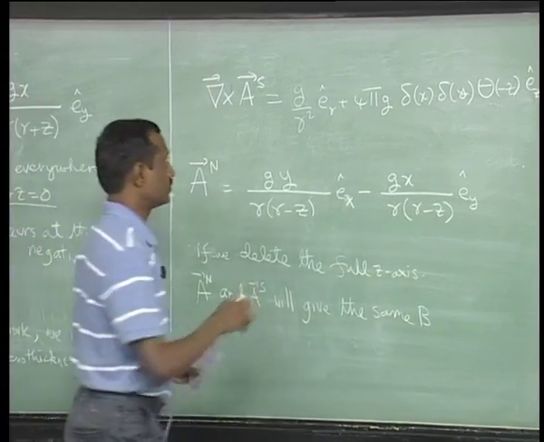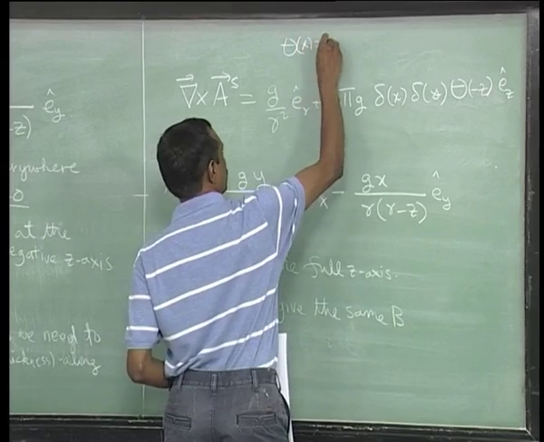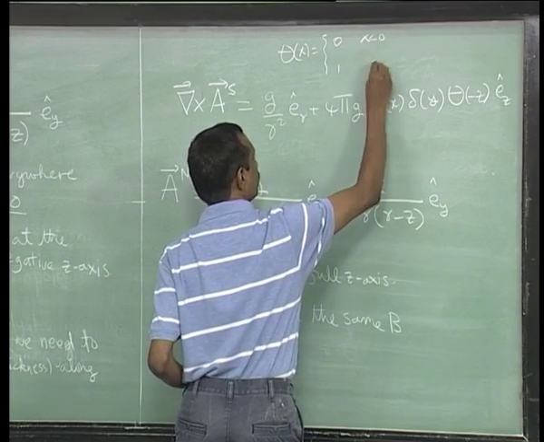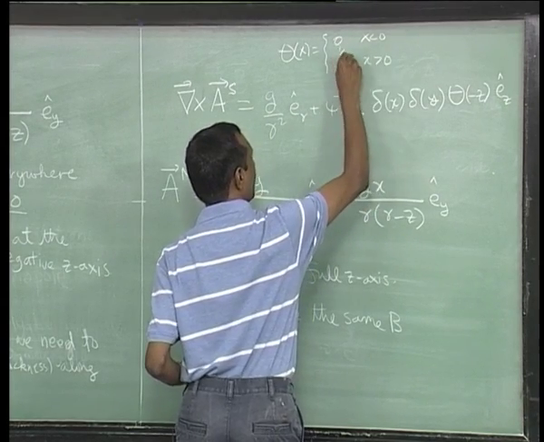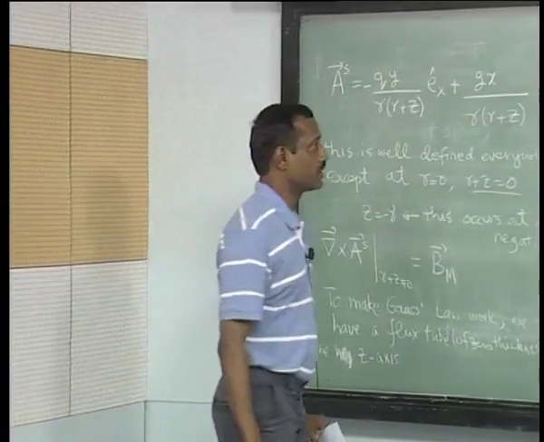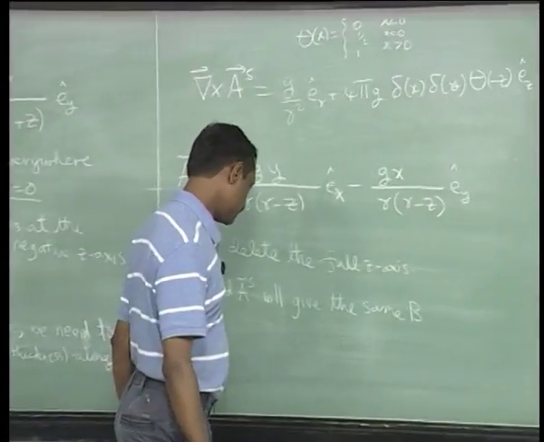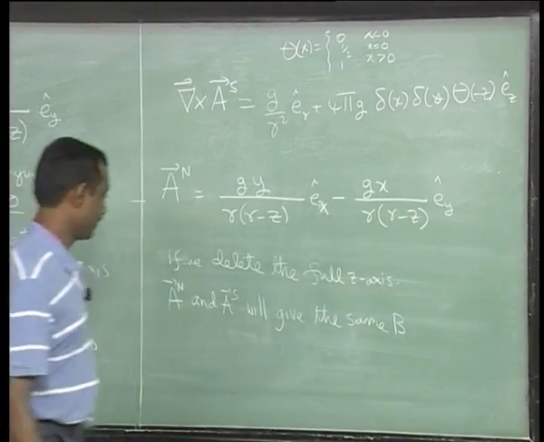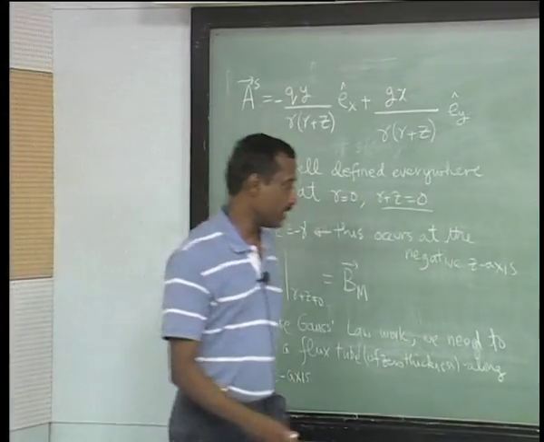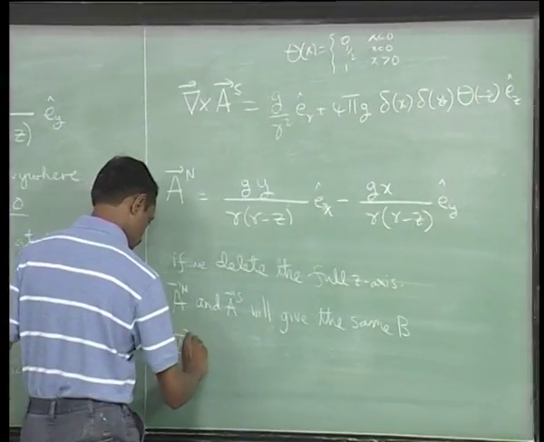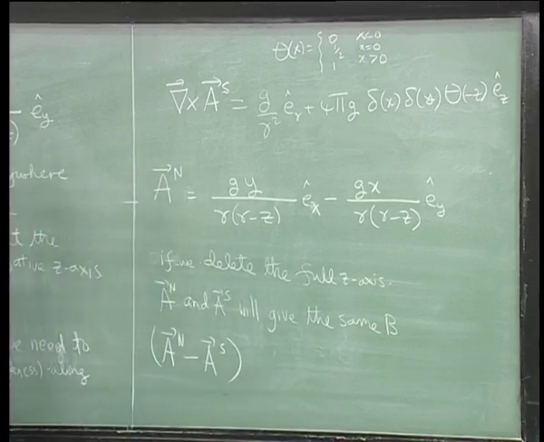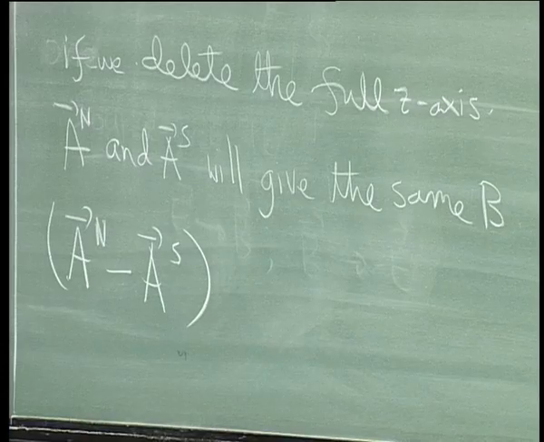Theta of x is equal to 0 for x less than 0, 1 for x greater than 0, and probably half is what one writes for 0. That is the Heaviside theta function. So they will give the same B. So what does that imply? That A_N minus A_S should give 0 field and should be gauge equivalent.